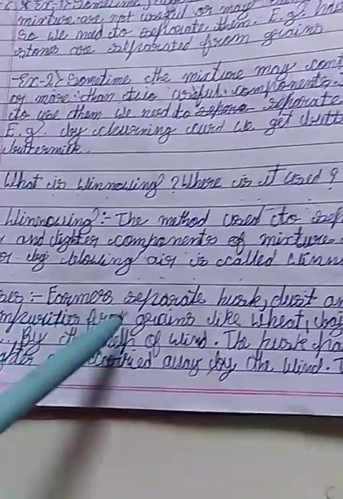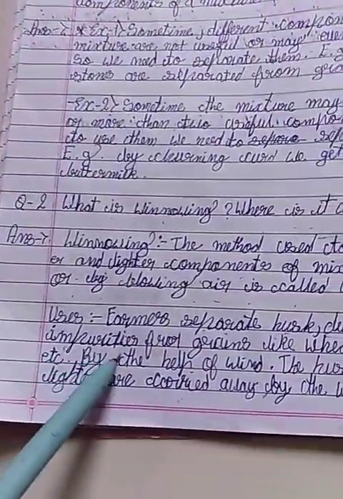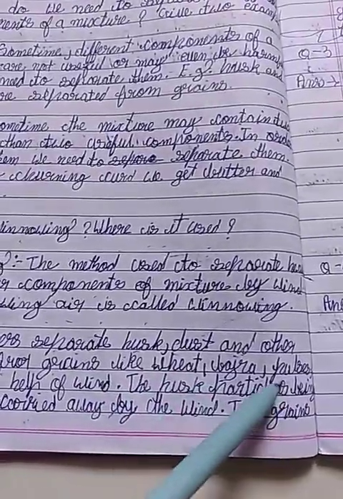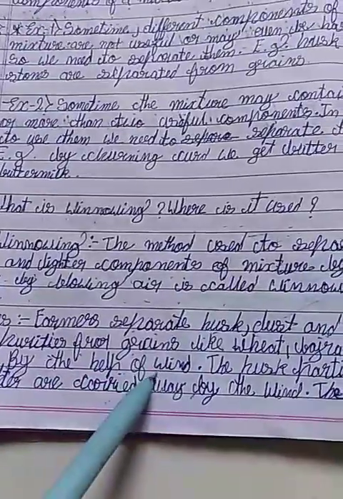Uses: farmers separate husk, dust and other impurities from grains like wheat, bajra, pulses, etc. by the help of wind.